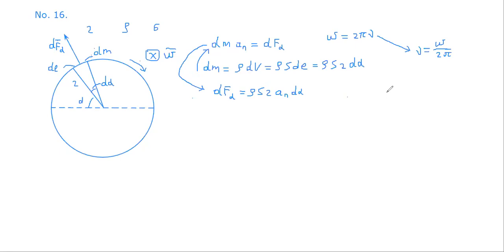What is the connection between angular velocity and normal acceleration? a_n is equal to, can you remember this? You cannot remember.